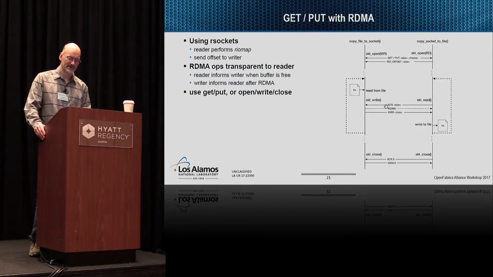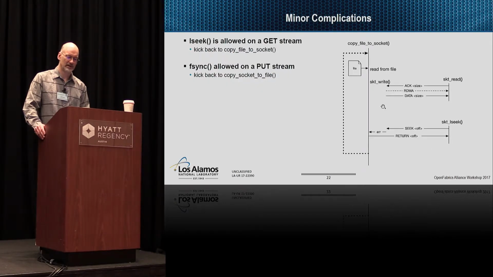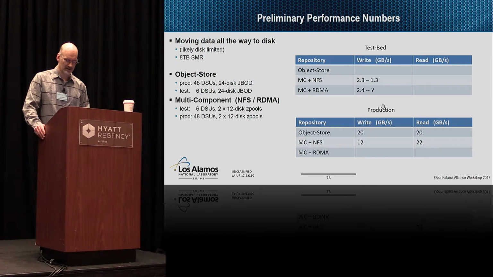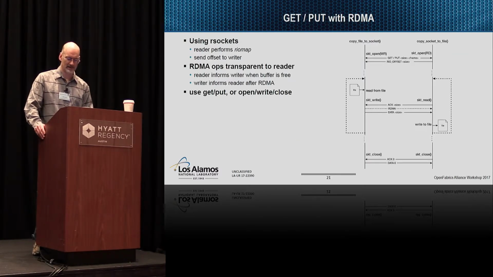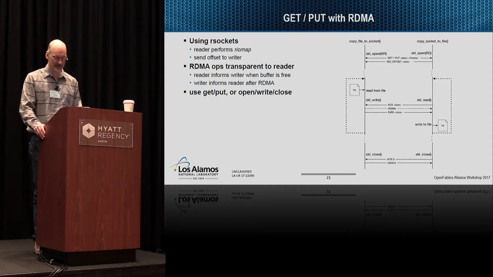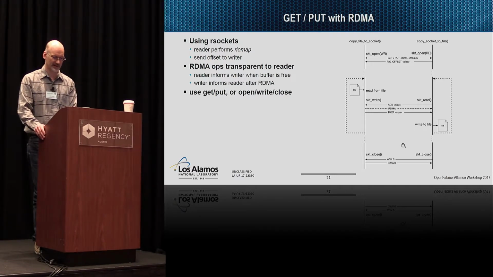So the reader has to send an ACK saying the buffer is ready for more writes, and then the writer does the RDMA and then sends a data message saying here's how much data you got, and wash, rinse, repeat until that's finished, and then there's a little bit of close semantics.